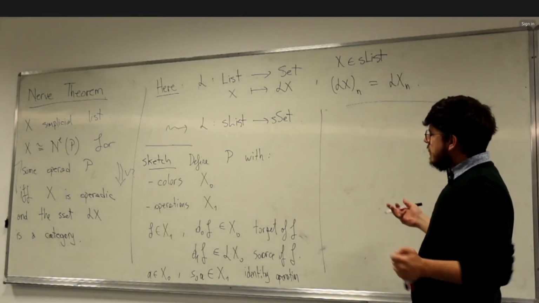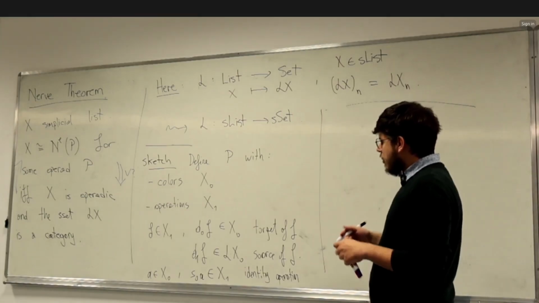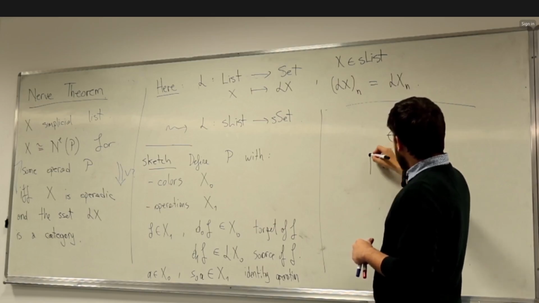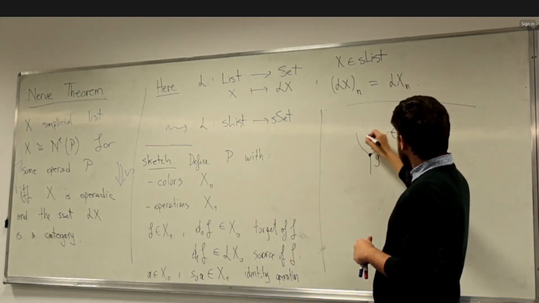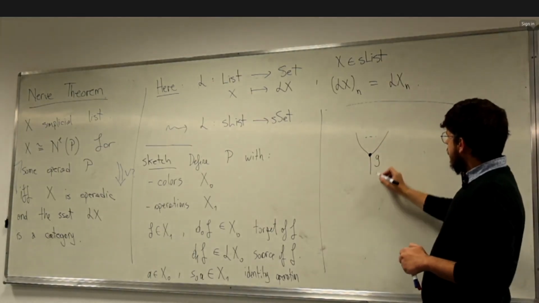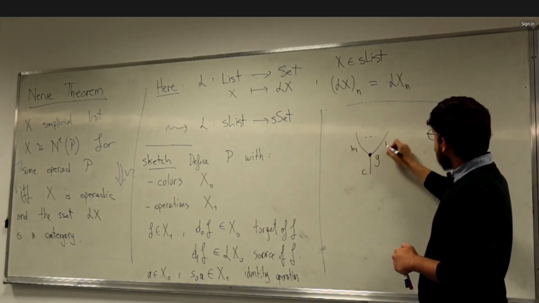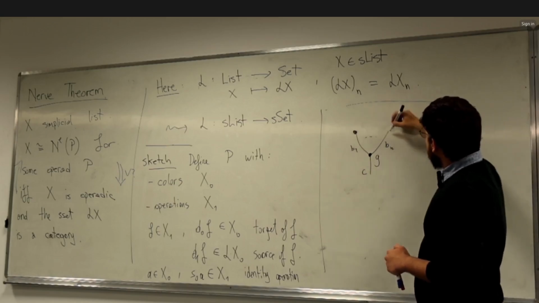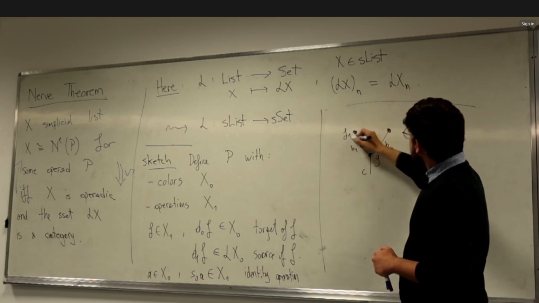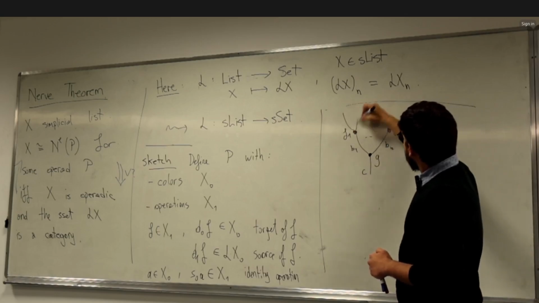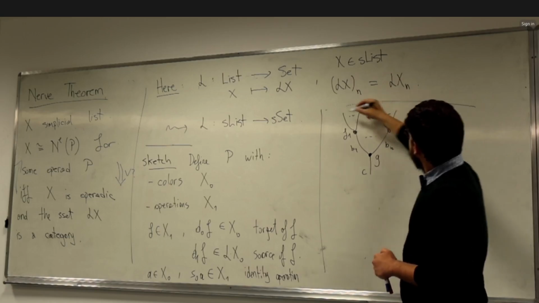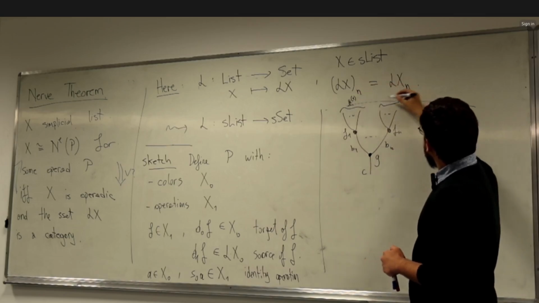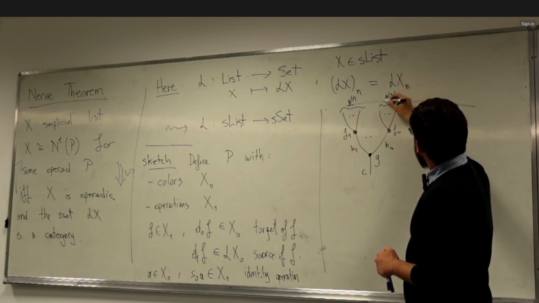Now, why does this give us an operad? I have to tell you something about composition, and I can do this very simply. Say I have an operation G, and let's say it goes from B1 through BK to C, and say I give you also operations F1 through Fk, which again have targets, say, A1 up to AK.